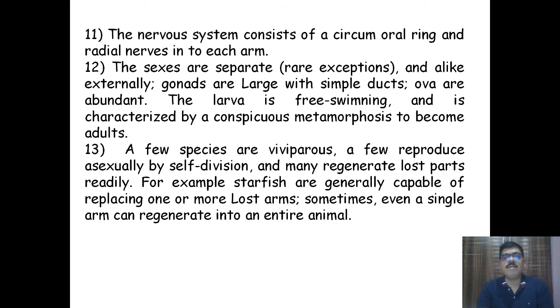Then in Echinodermata, the nervous system is poor and consists of a circumoral ring and radial nerves in each arm. The sexes are separate in Echinodermata with few rare exceptions, and both sexes are alike externally. Gonads, that may be testes or ovaries, are large with simple ducts.